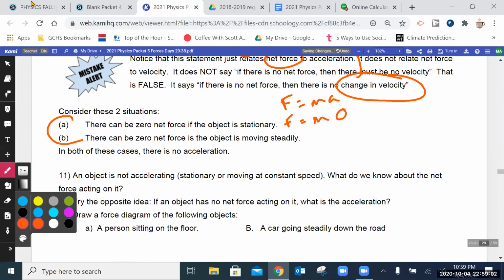It doesn't matter what you multiply zero by, whatever the mass is, we're going to get the force is zero. So whenever you have an object stationary, that automatically means that there is zero net force. There might be 2 or 3 or 4 forces that act on the object at the very same time and cancel out. It's just that the net force is zero.